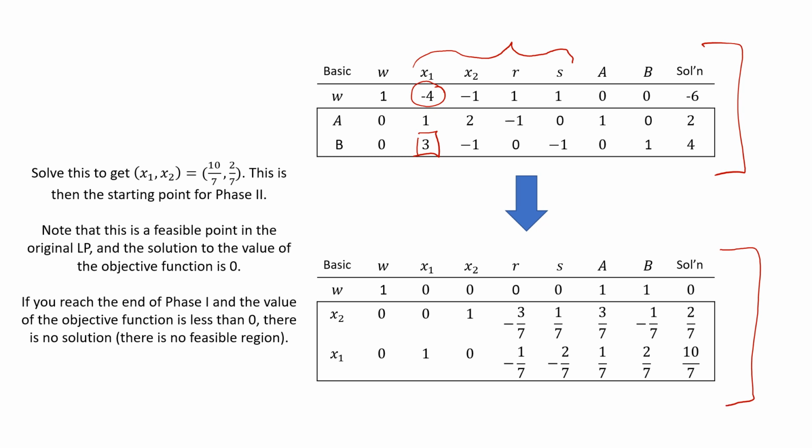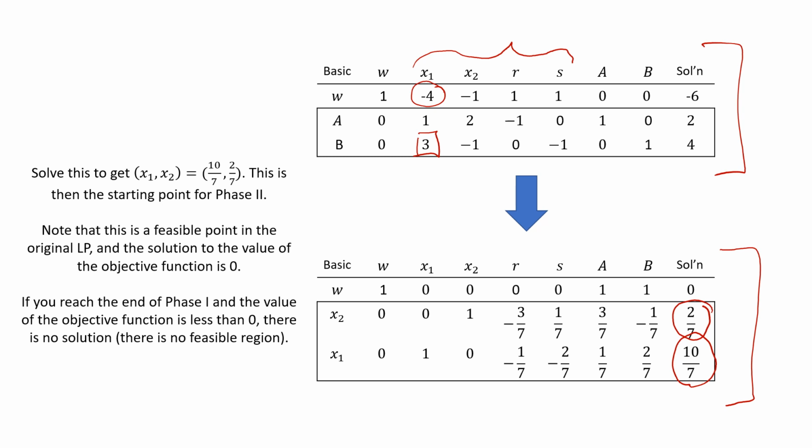With this tableau, what do you have now? x1 equals 10 over 7, x2 equals 2 over 7, r and s equal 0, A and B equal 0, because they are non-basic variables. Take this and look at it in terms of your original constraints.